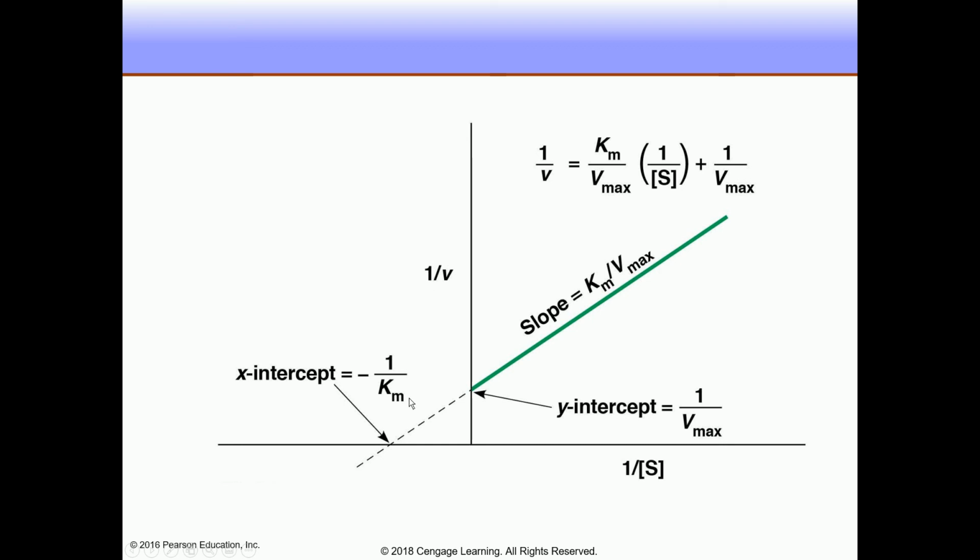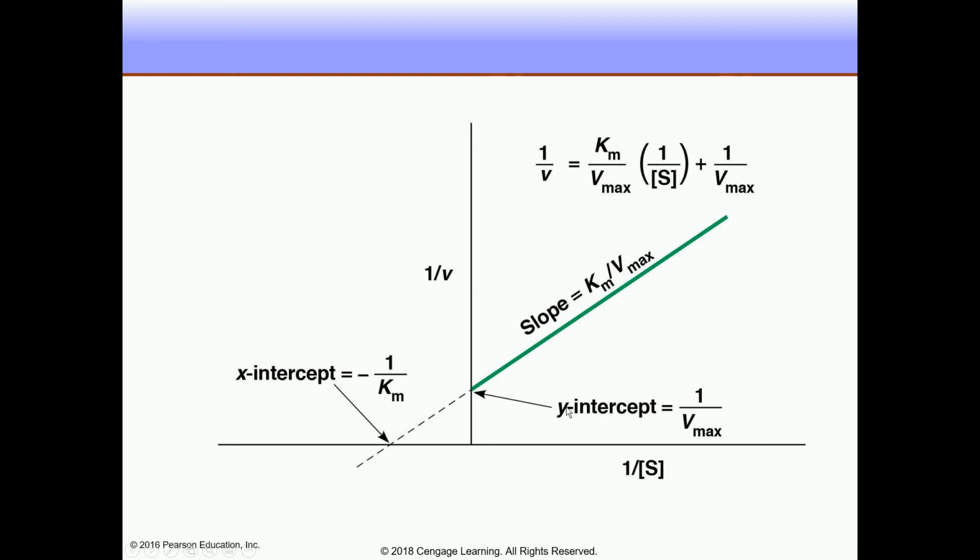When we plot the inverse values, we get a straight line like this, and this is the slope of this line, which is Km divided by Vmax. We can extrapolate this line, and where this line touches the y-axis, that is called the y-intercept, and where this line touches the x-axis, it is called the x-intercept. The value of the y-intercept is equal to 1 divided by Vmax.